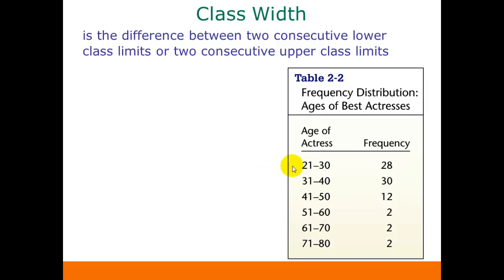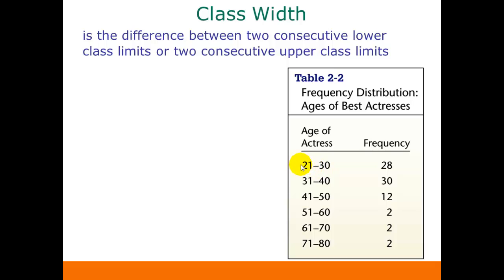Now the class width, this is a little bit easy to get mixed up on. The class width is the difference between two consecutive lower class limits or between two consecutive upper class limits. It is not the difference between the lower class limit and the upper class limit.